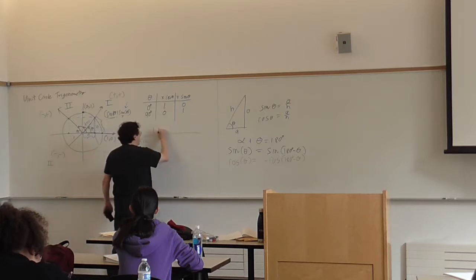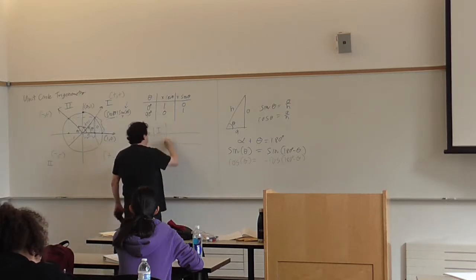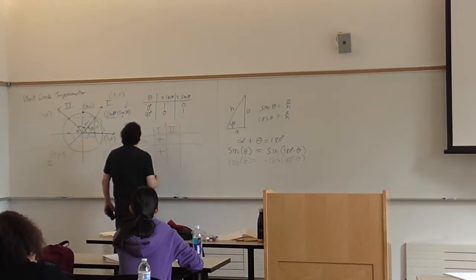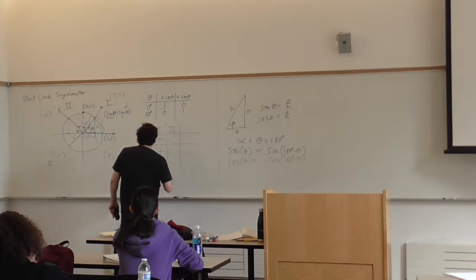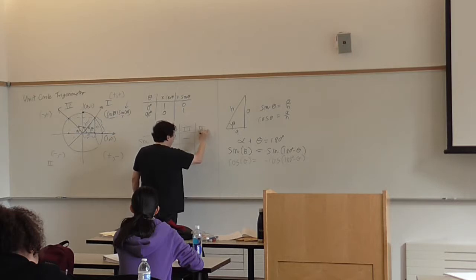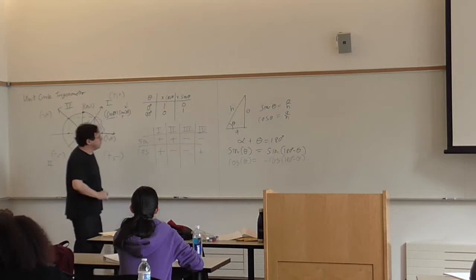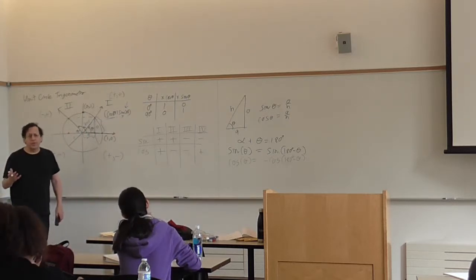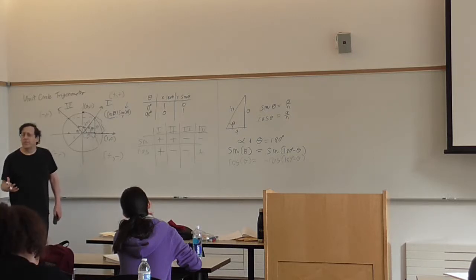Sine, cosine, first quadrant, plus, plus, second quadrant, plus, minus, third quadrant, minus, minus, fourth quadrant, minus, plus. Okay, so now we have this idea that a sine and a cosine doesn't have to be just positive, it could be negative.